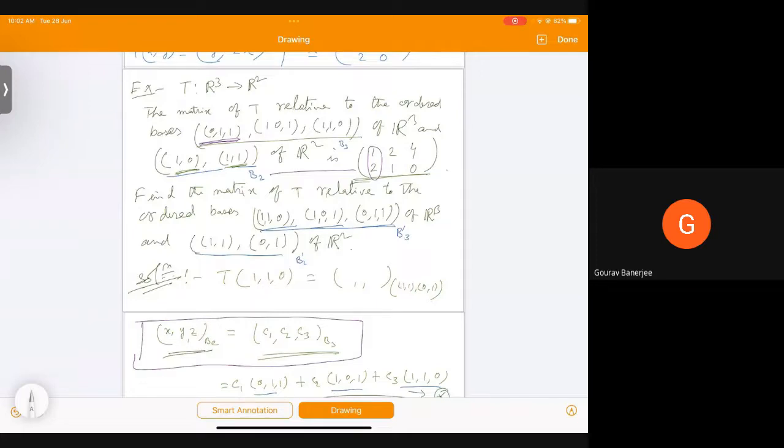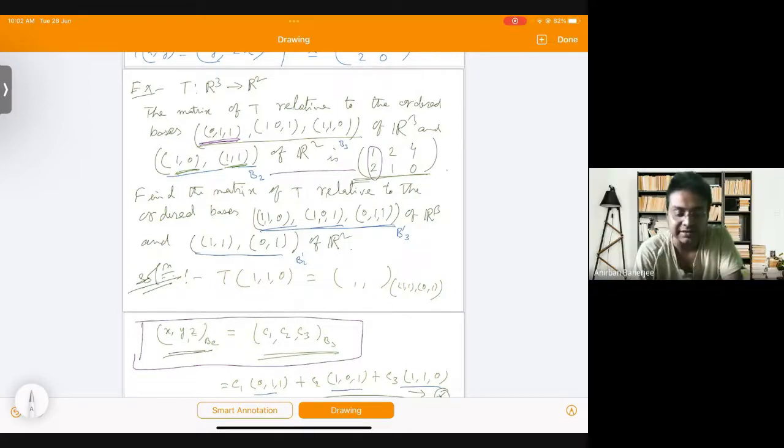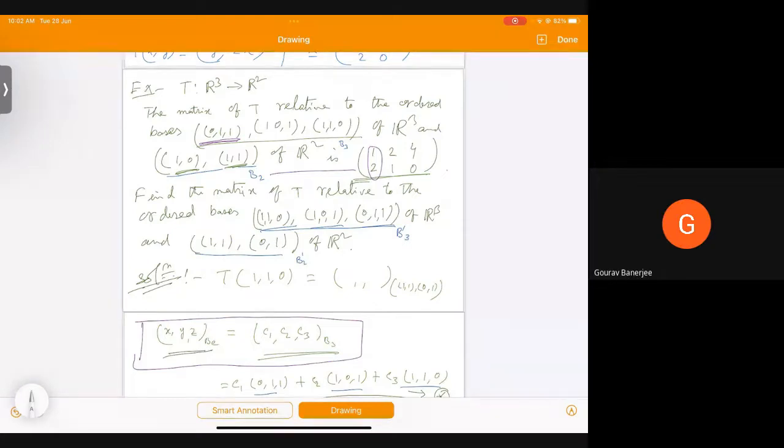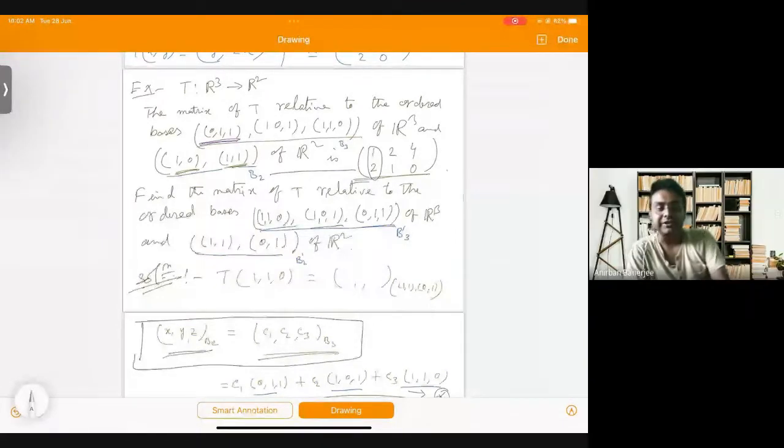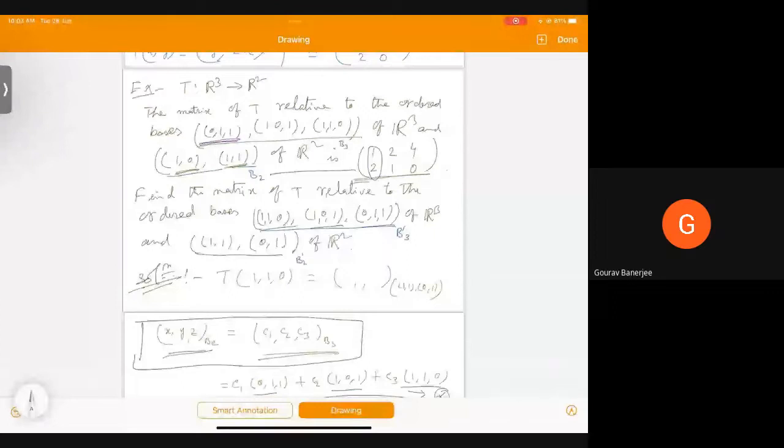Sir, here you are creating the transformation formula from standard to standard, right? At first, yes. Sir, I wanted to ask whether I could create the formula from B3 to standard. Yes, you can do that.